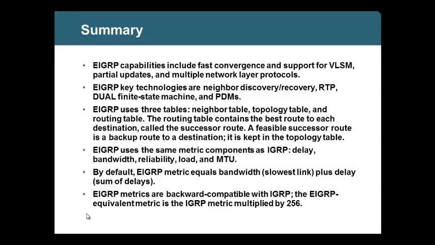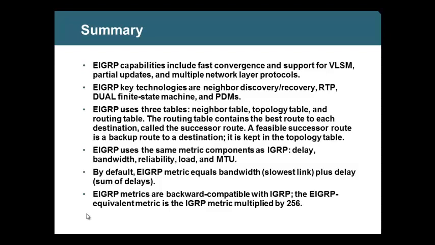It has PDM, protocol dependent modules, meaning for every network layer protocol you get a separate module: IPv6, IPv4, IPX, AppleTalk, Novell. Depending on the module that you take, it's going to work.